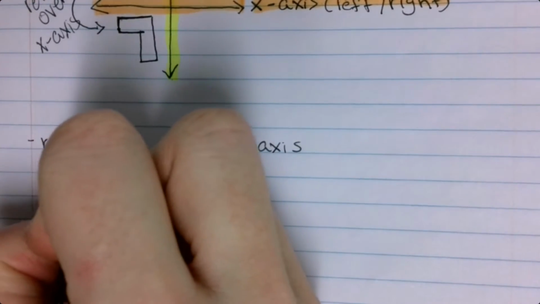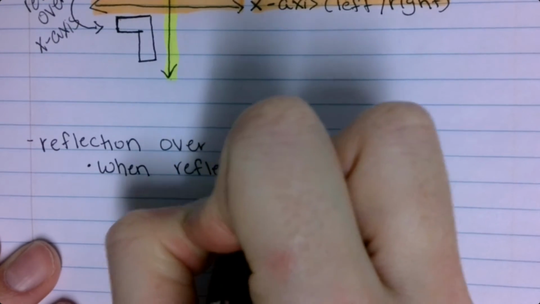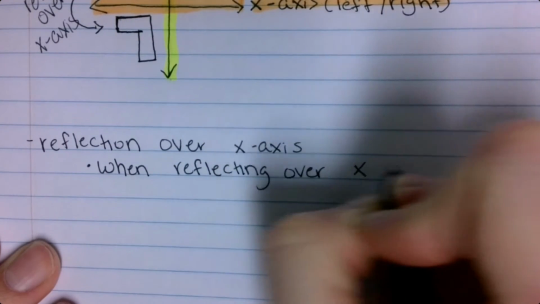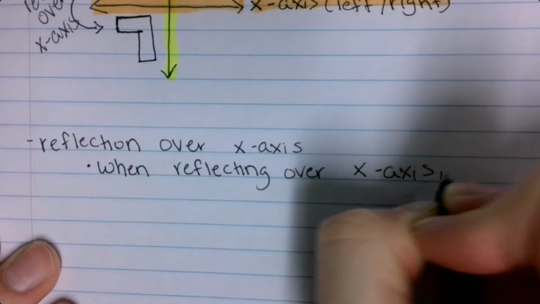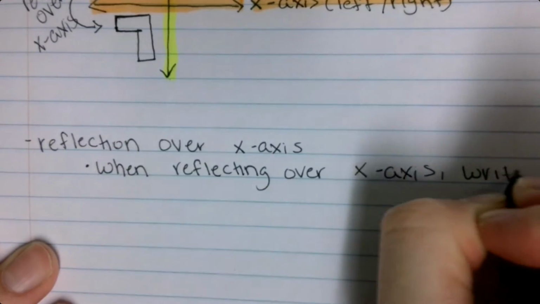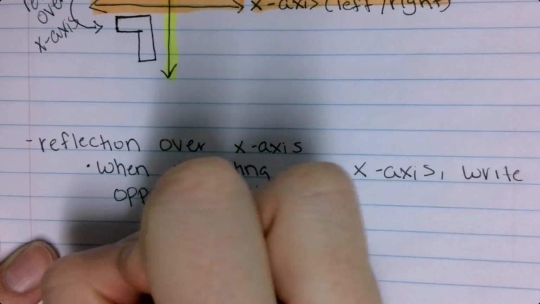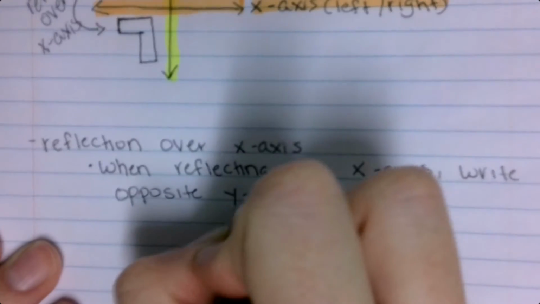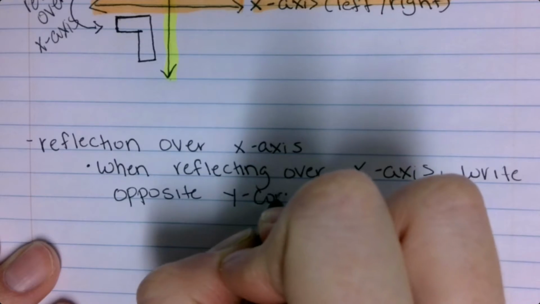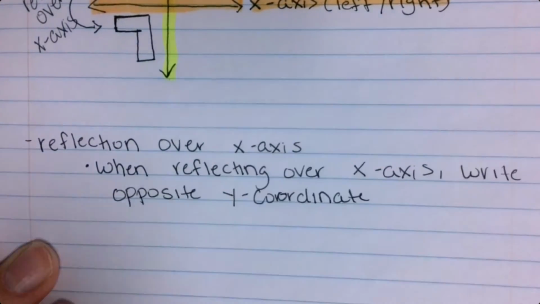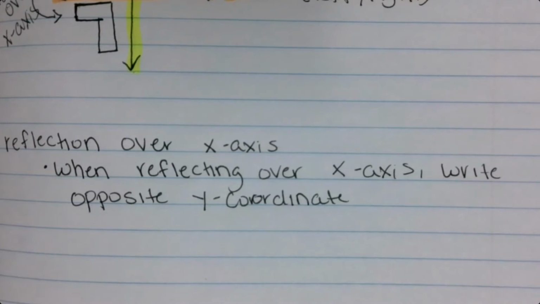So when reflecting over the x-axis, write the opposite y coordinate. Okay?